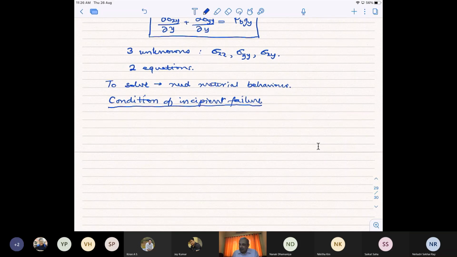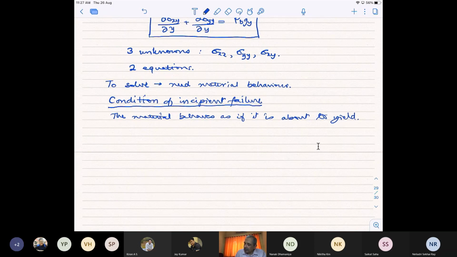What it says is that the material behaves as if it is about to yield.